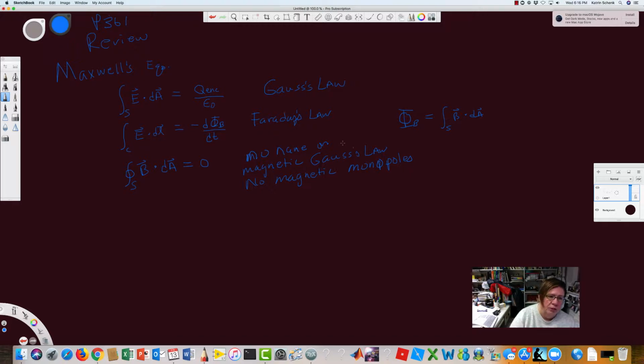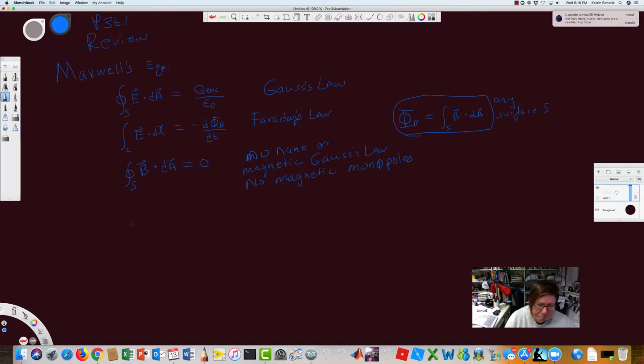I really should have put a little circle around this one too. But in general, this flux is not defined as only through a closed surface. This could be through any surface, and if it's not closed, then there's no requirement for the flux to be 0. Any surface S.